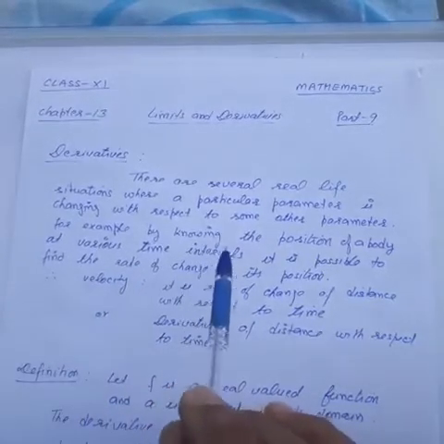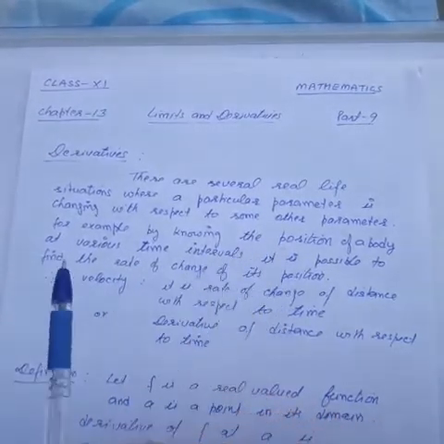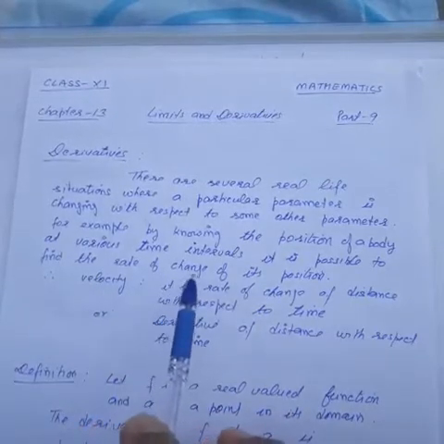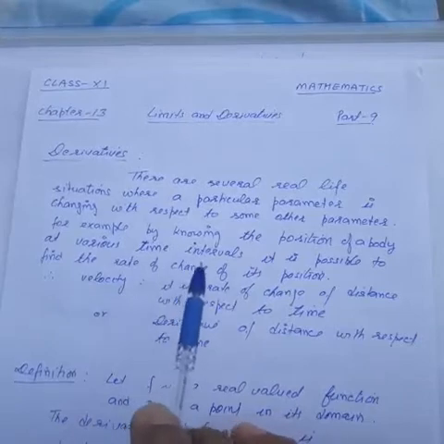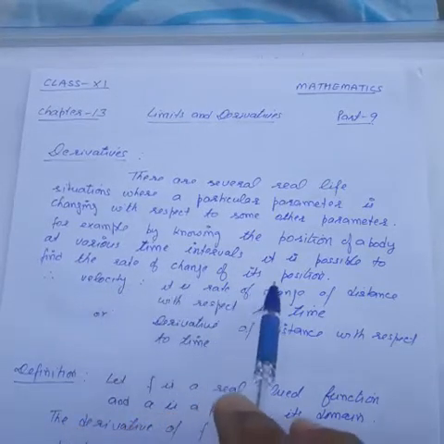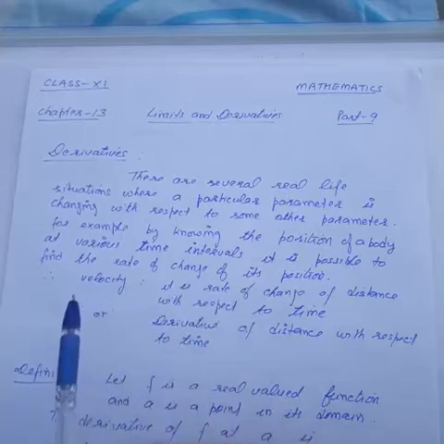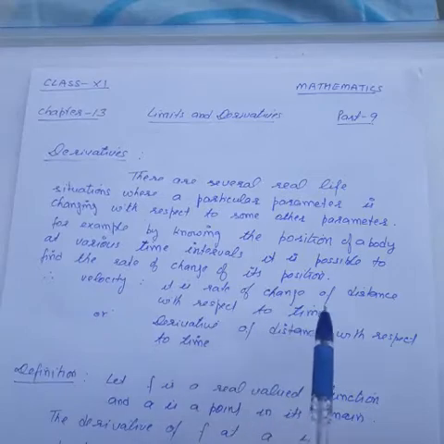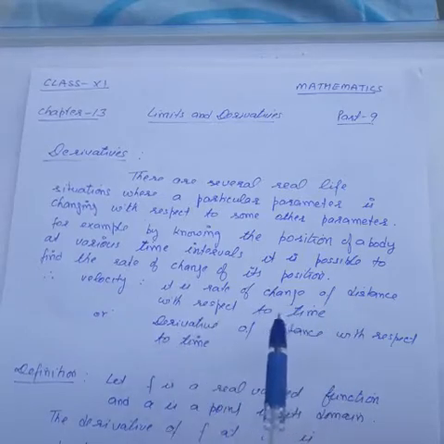Suppose the position of a body is changing at different time intervals. Using this, it is possible to find the rate of change of its position. That is velocity. So what is velocity? It is the rate of change of distance with respect to time.